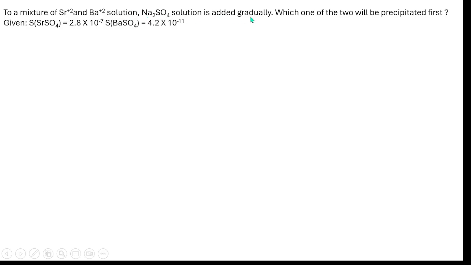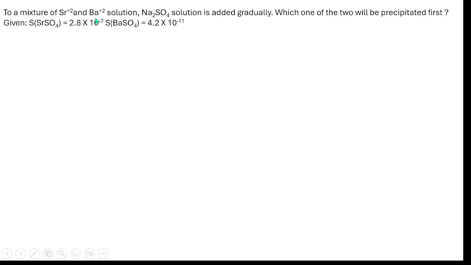Na₂SO4 solution is added gradually to this mixture. And what they are asking is, out of these two metal ions, which one is going to be precipitated first, and then they have given the solubility of these ions.